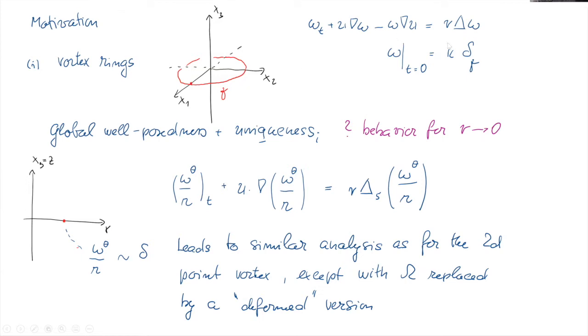And so with Thierry, we were able to prove existence and uniqueness in this setting, but we were also interested in discussing the behavior of these solutions as nu goes to zero.